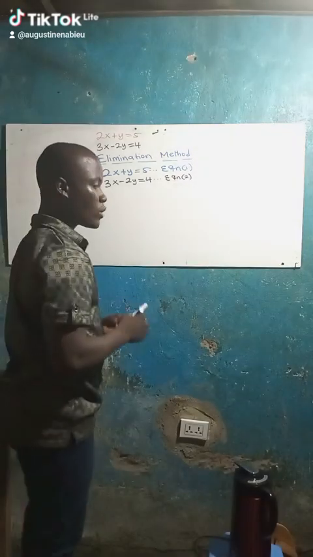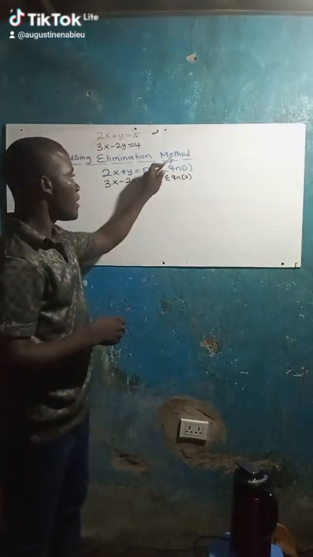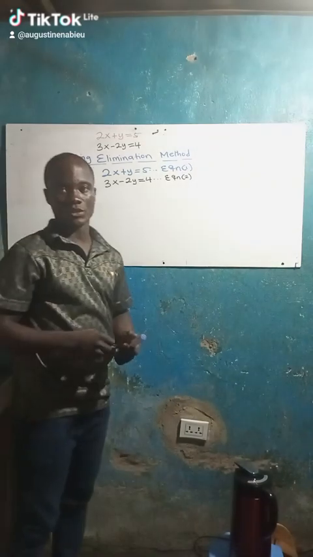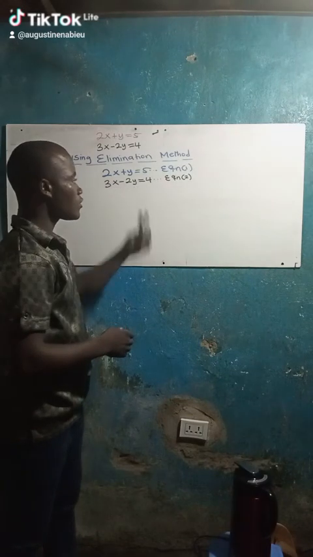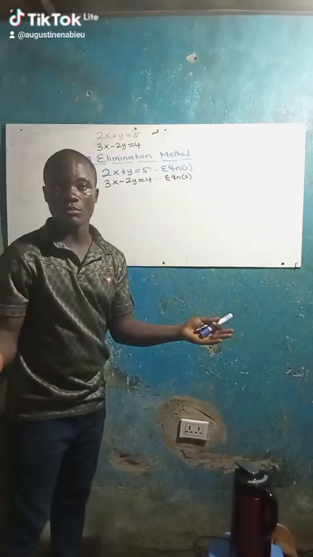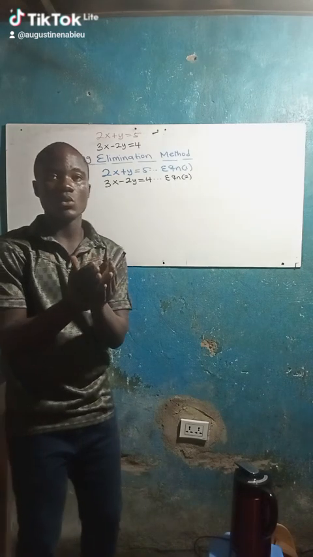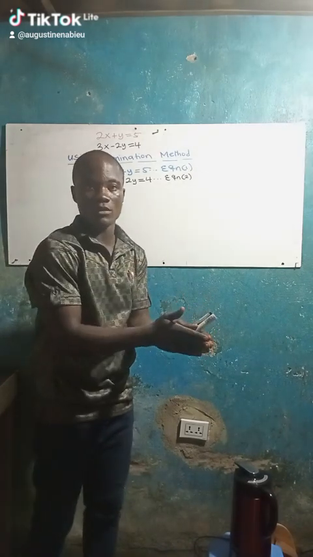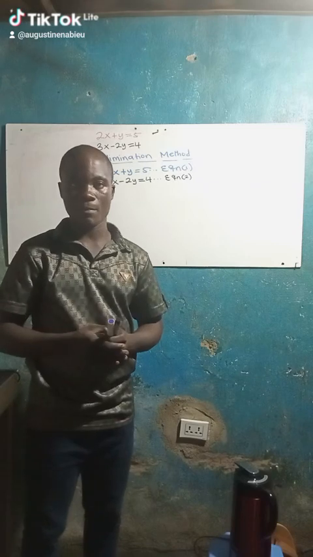So we have two equations on the board, using the elimination method to solve them. How do we use the elimination method to solve these two equations? It's very simple. Elimination means to remove something, to cancel something, to get rid of something.